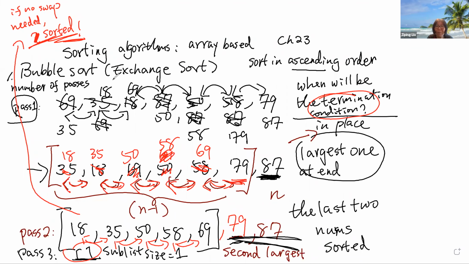Okay, so this is the idea. We call it bubble sort, and there's another name called exchange sort. We can understand why it's called exchange sort, because you do pair by pair comparison and then you swap. That's why we call it exchange. And why is it called bubble? It's because the largest one always sinks to the end for each sublist.